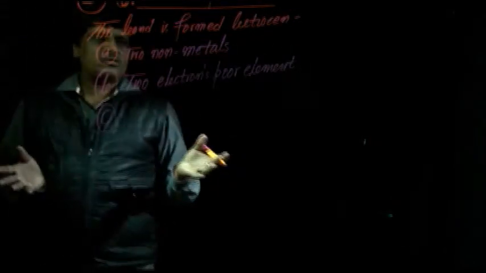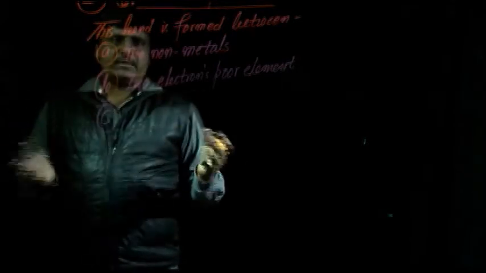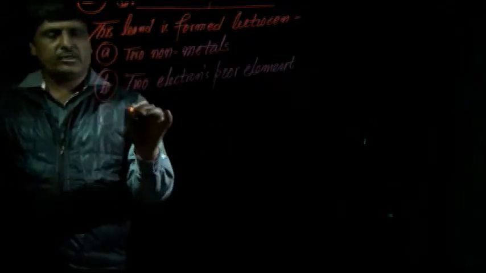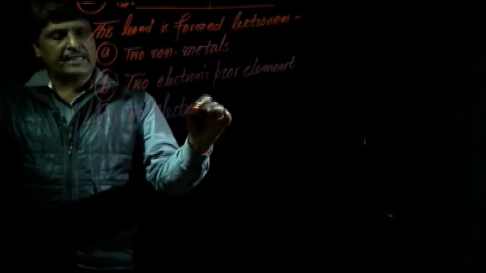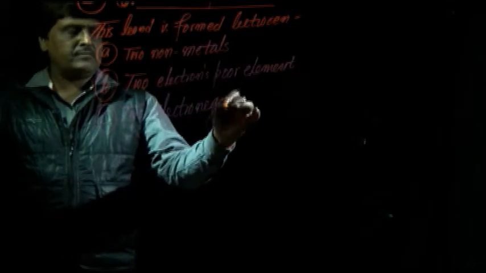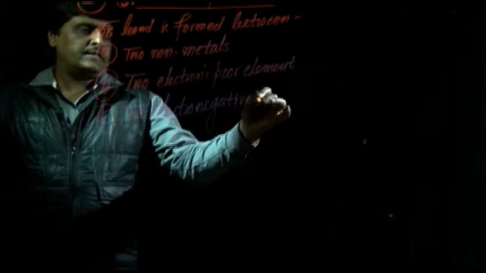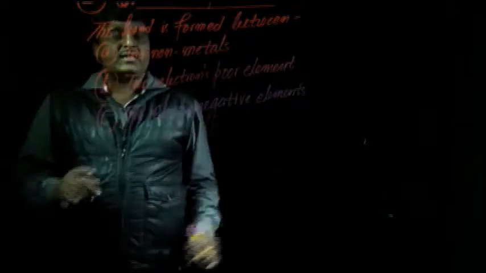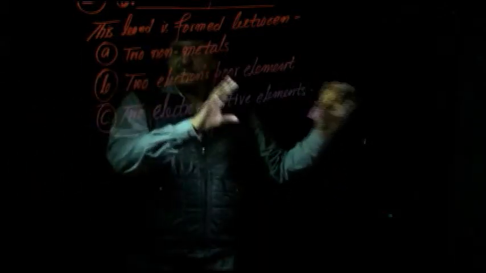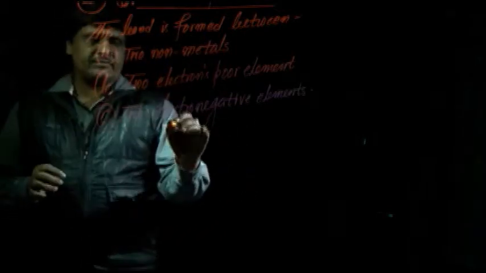Since both are electron poor, both are non-metals, and non-metals are electronegative, it is formed between two electronegative elements. Remember, since both are electron poor, neither has the tendency to completely transfer electrons. Therefore, there is the chance of mutual sharing of electrons.